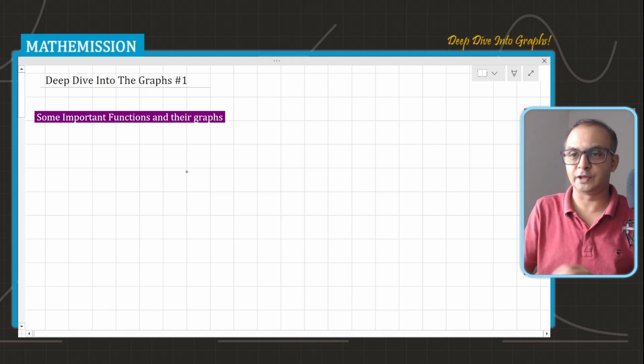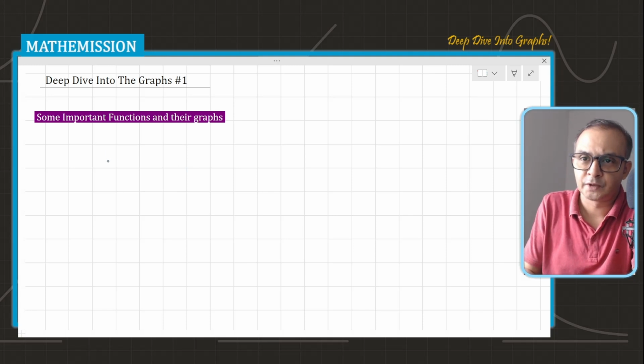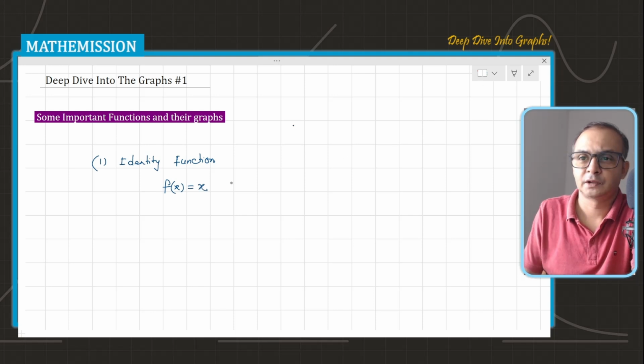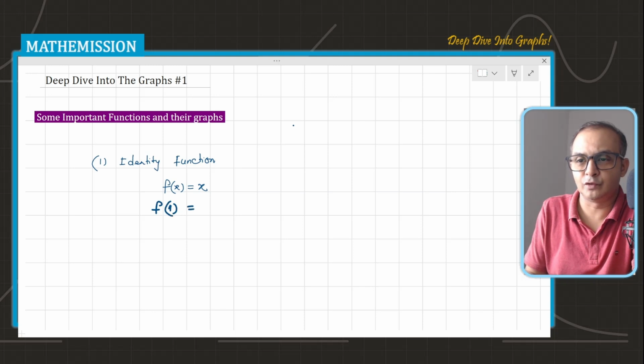I think you know that. So the first is identity function. Identity function is a function defined as f(x) is equal to x. Suppose you have f(1), it means it will give you 1.